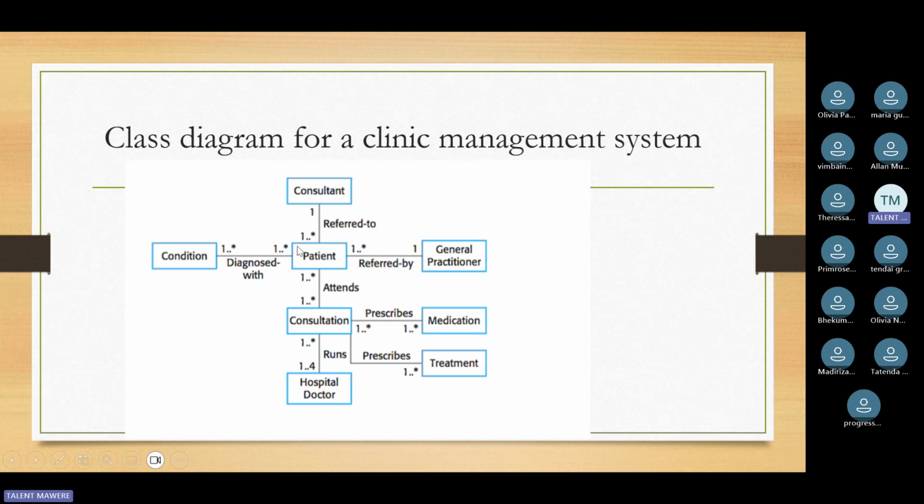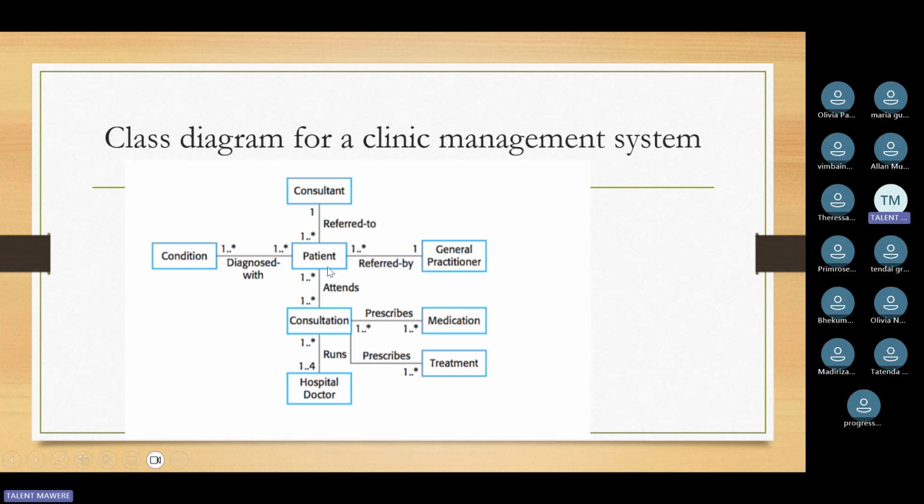And then we have this relationship called many to many. What does it mean? It means that many patients have different diseases, different conditions that they can suffer from. So the different patients can be diagnosed with many different conditions. So the relationship that exists between a condition and a patient is a many-to-many kind of relationship.